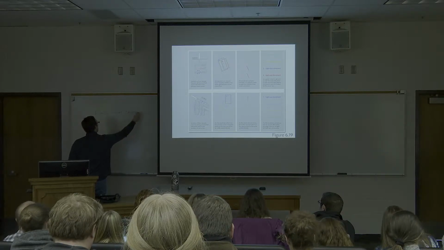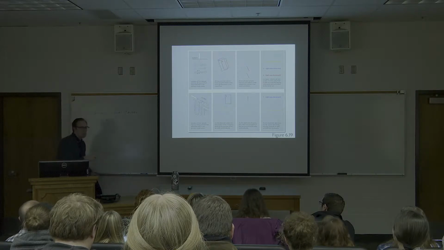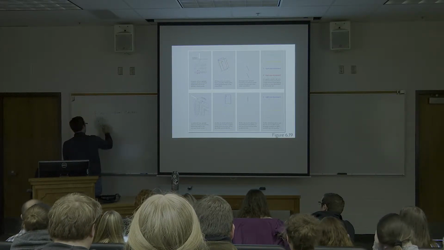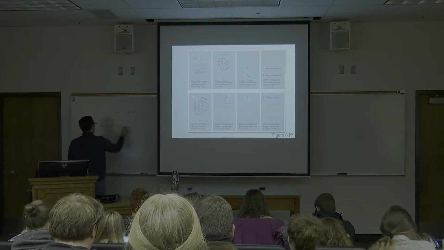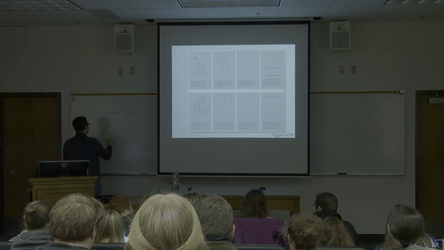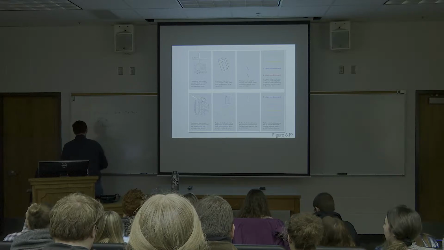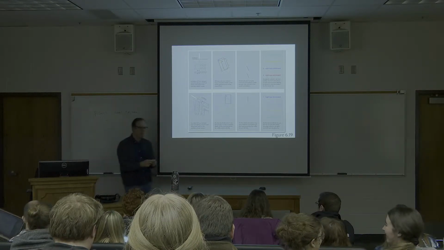Cortex equals V1 equals, other names for it, calcarine sulcus, equals Brodmann's area 17, striate cortex. No, you don't need to know any of these. You may see them occasionally.